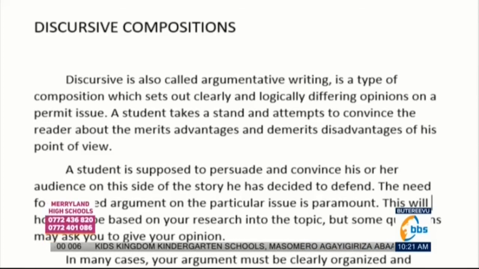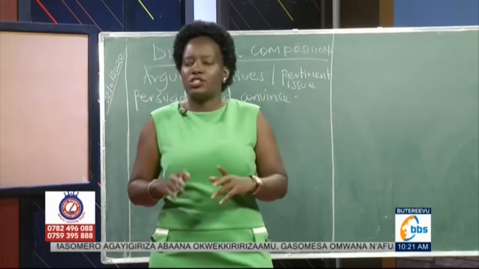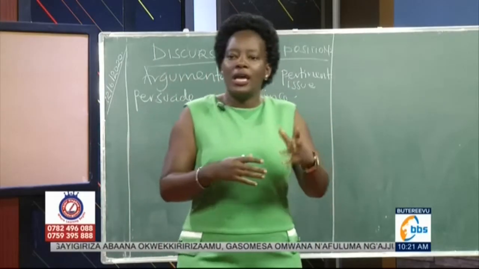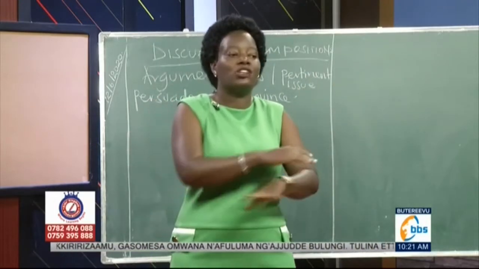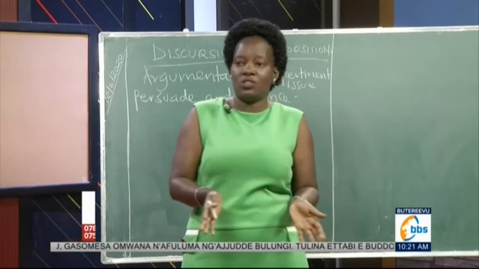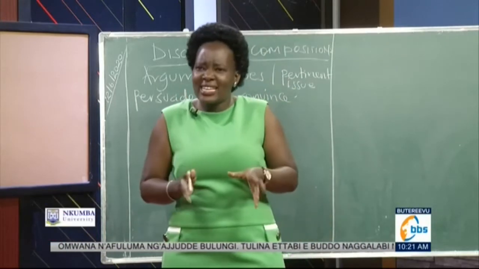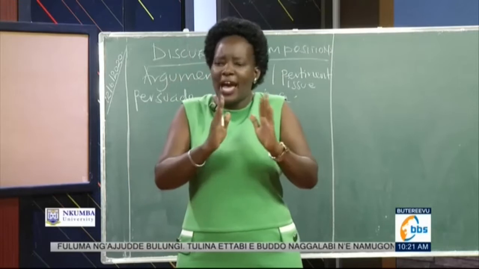Because if you look at the narratives, it is a story that you are telling. It is a story that you could have read in the newspapers, a story that you could have read in the novels, a story that a friend could have told you, a story that somebody could have narrated somewhere, and then you picked it and then you came and you convinced us that it was your story. But here in the discursive, we expect your brains to be at work.